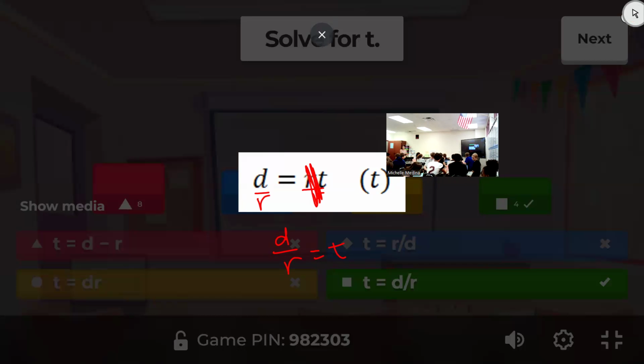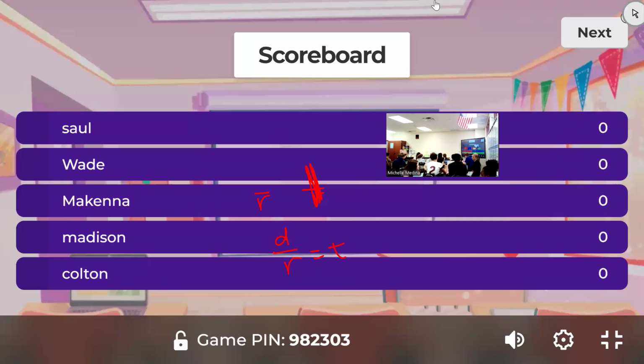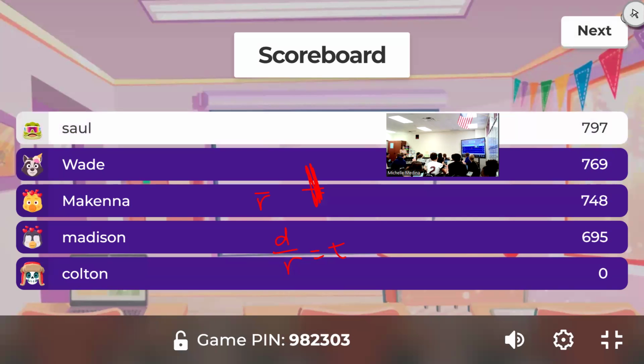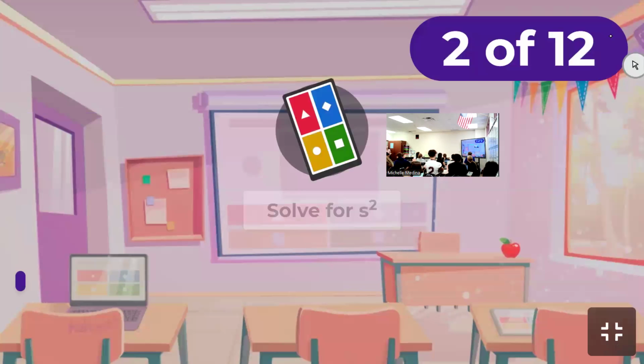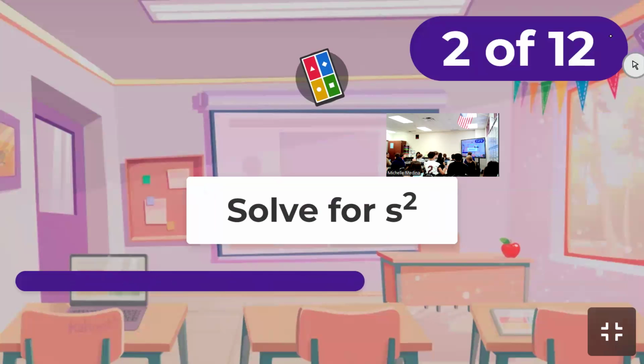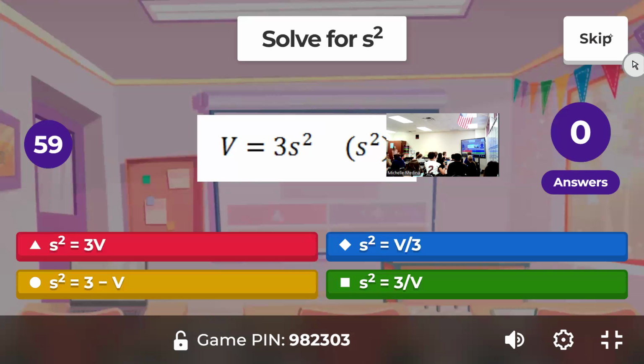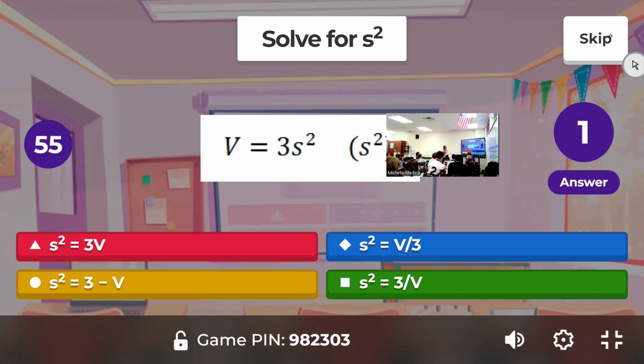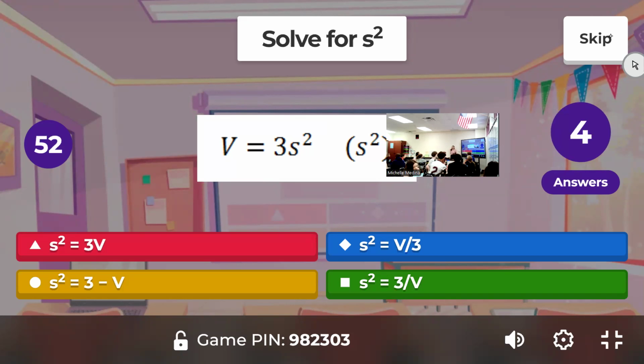All right, so let's learn from our mistakes, let's make that accuracy higher. And then the next one. We're solving for S squared this time. Ignore that it's in parentheses over here, that's just telling you what to solve for.